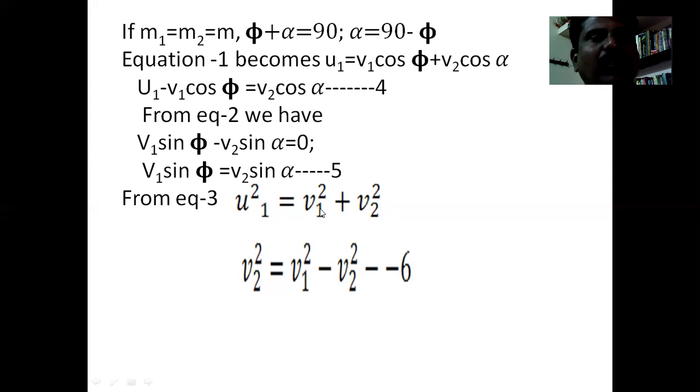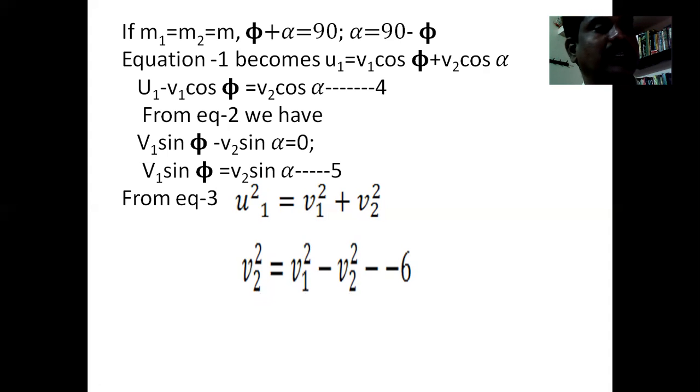This is obtained from equation number 3. You can put it like this: v2 square is equal to v1 square minus v2 square. I think this becomes wrong.